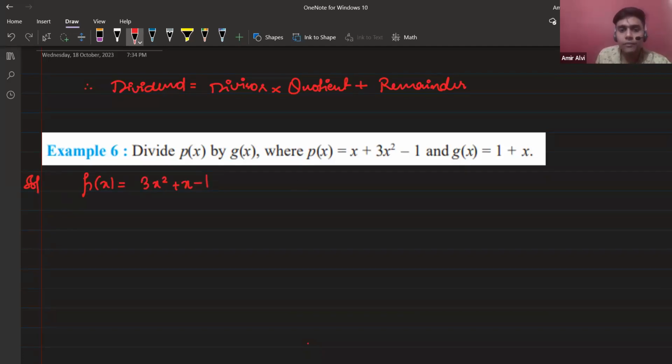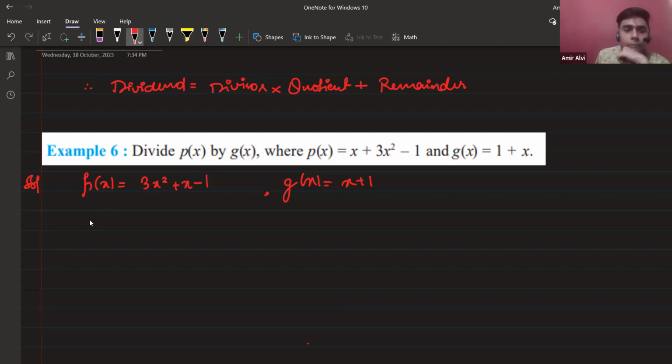Is that clear? I've done nothing but rearranged it. I can do this, yes or no? Yes. Our Gx is x plus 1. Yes or no, Simrat and Abdul? Any doubt in this?